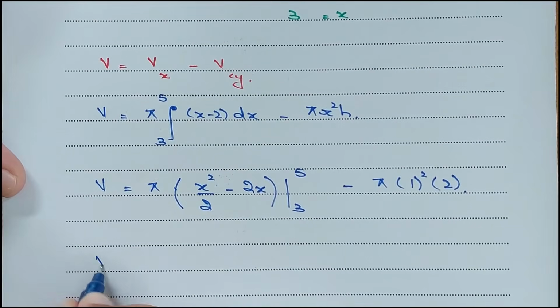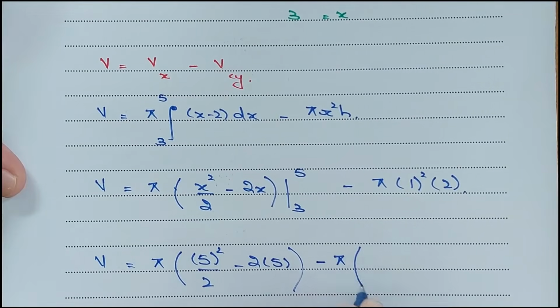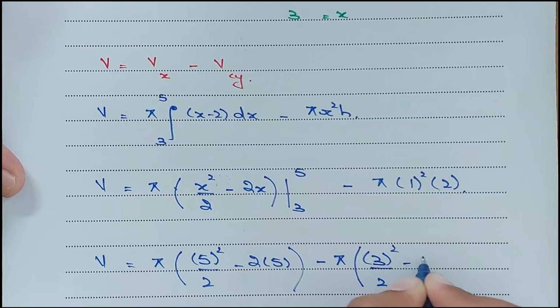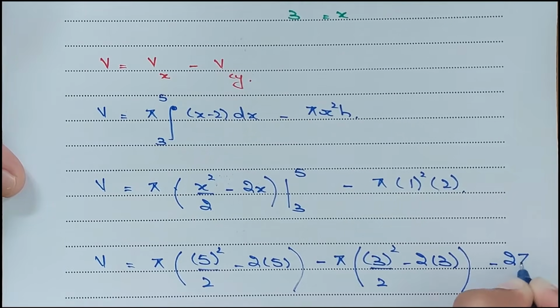Okay, so the volume is going to be pi, the upper limit is 5 squared over 2 minus 2 times 5, subtract pi, the lower limit is 3 squared over 2 minus 2 times 3, and minus 2 pi, right?